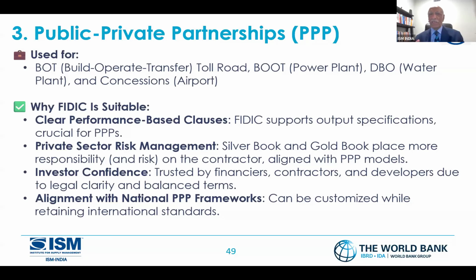So there could be BOT, BOOT, and lastly DBO: design, build, and operate. So why is FIDIC suitable? Clear performance, private sector risk management, investor confidence. That's a plus point, and alignment with the triple P framework. I think triple P is really gaining big importance.